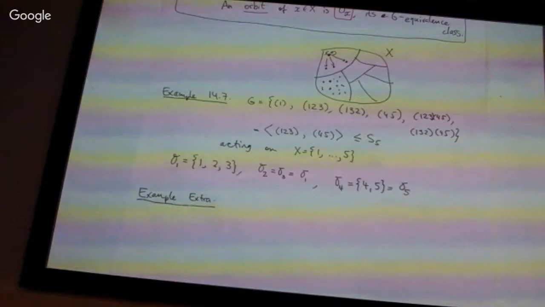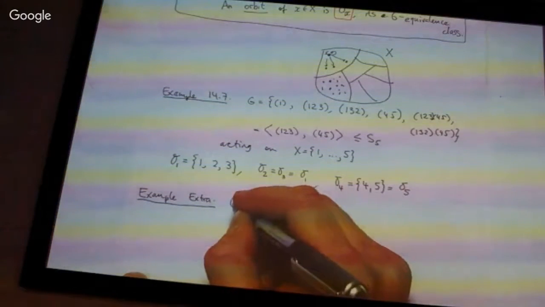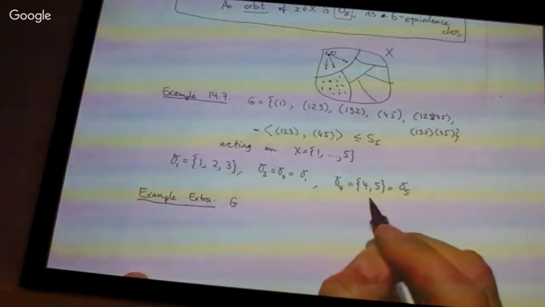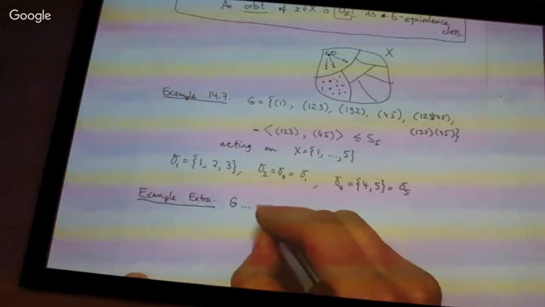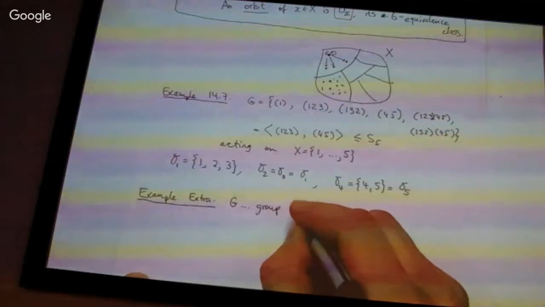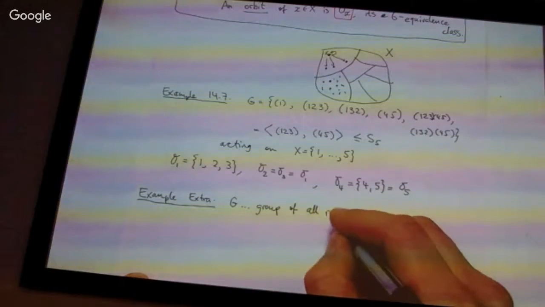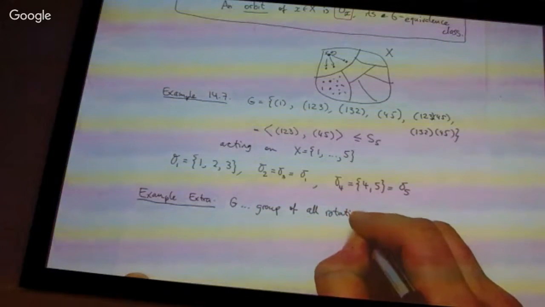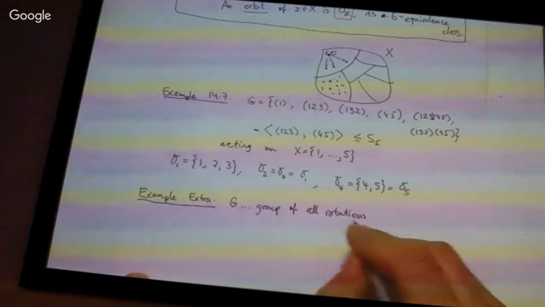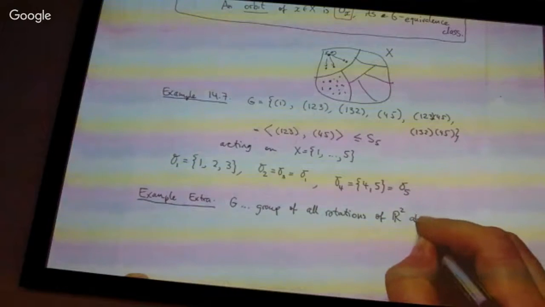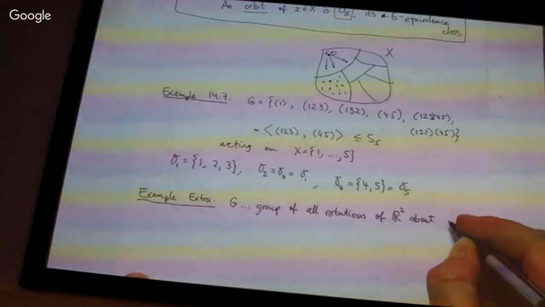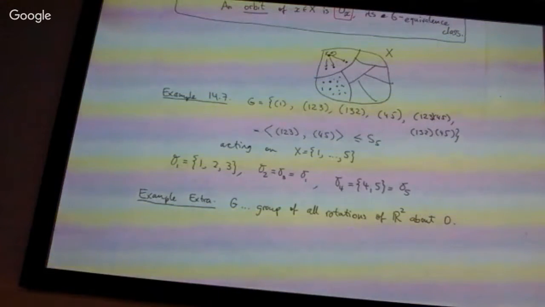So what I want is for G to be the group of all rotations of the plane about the origin.